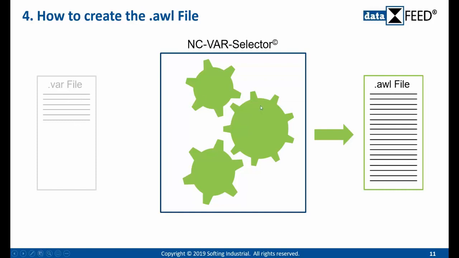Maybe you import that and you can see it contains only 5 variables, and after that you can add or delete specific variables. What comes out from the NCVAR selector is a .awl file, which is needed to access the NCK part of the SINUMERIK.